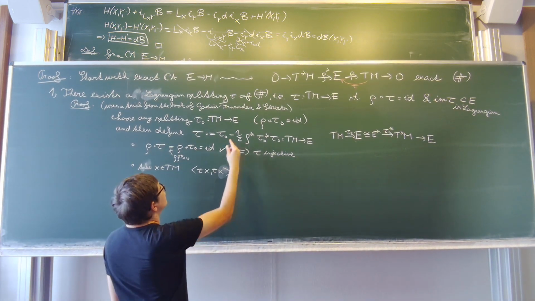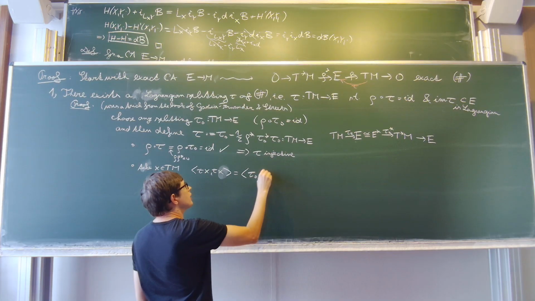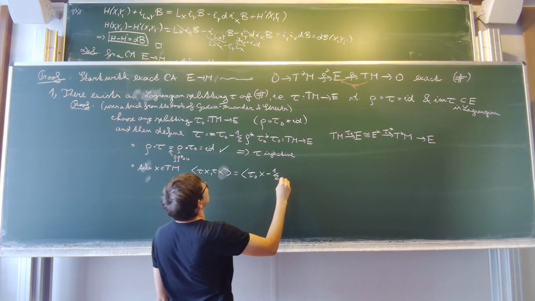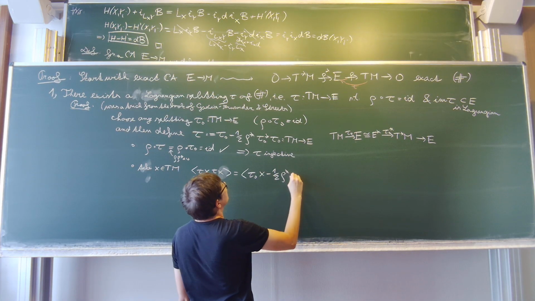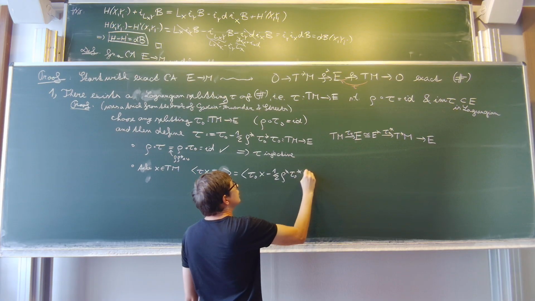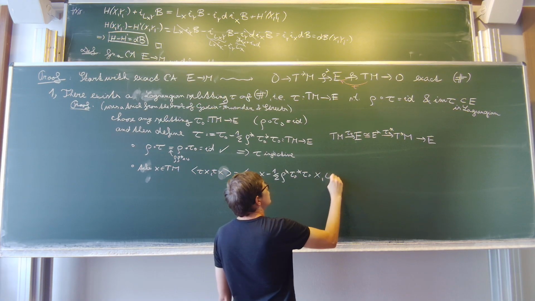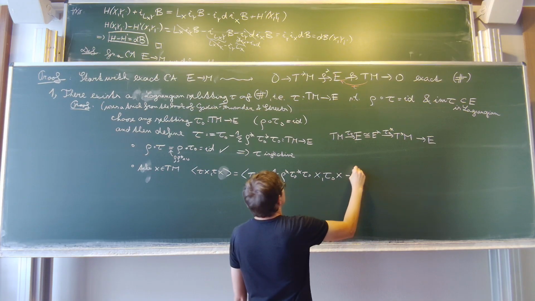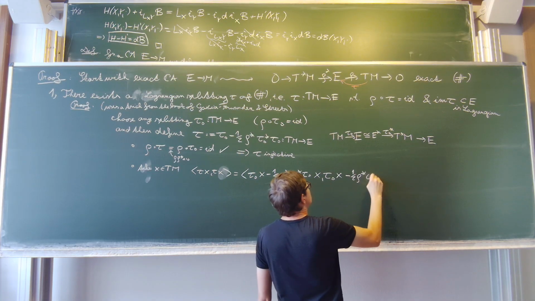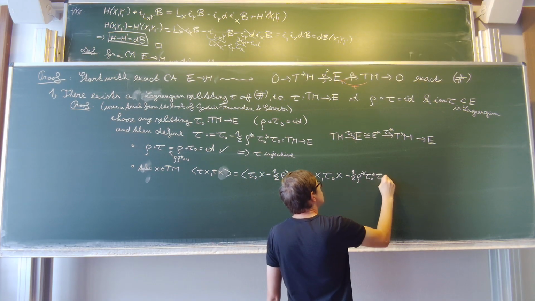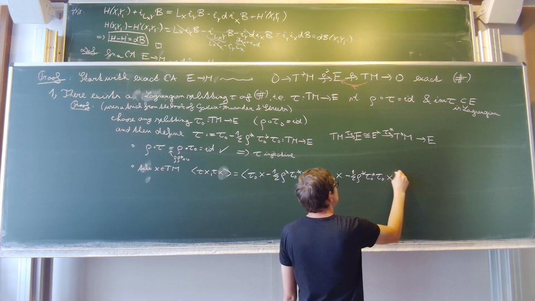So what is this thing? Substituting, it's tau 0 x minus 1/2 rho star tau 0 star tau 0 x, paired with the same, tau 0 x minus 1/2 rho star tau 0 star tau 0 x.